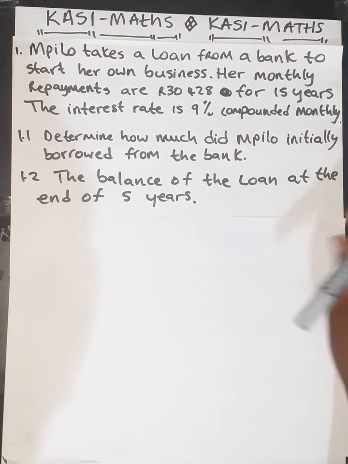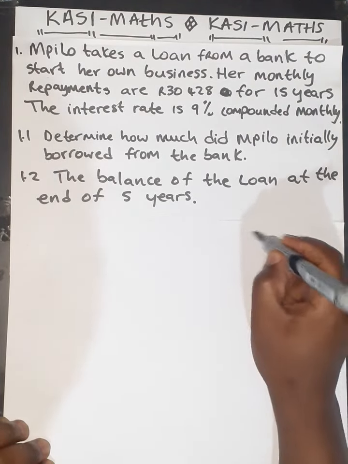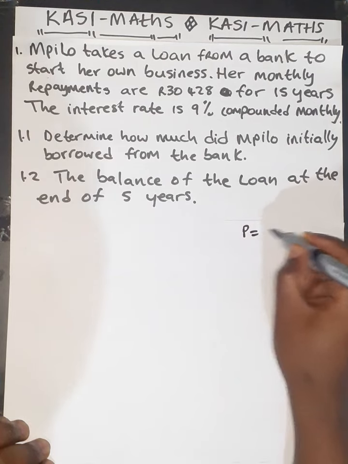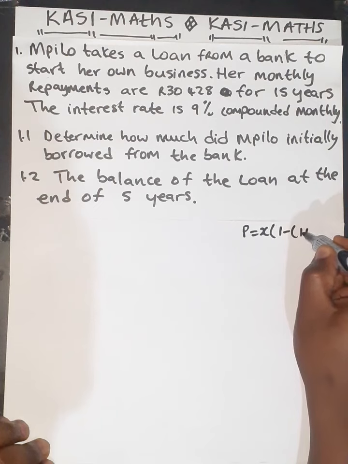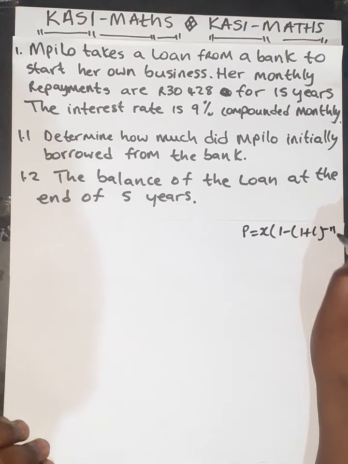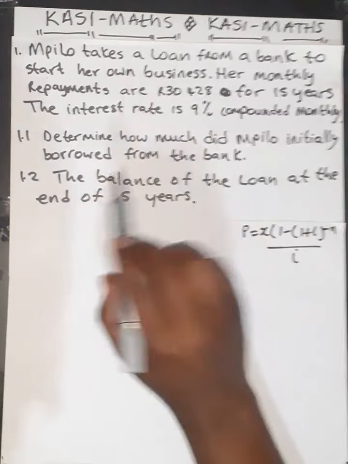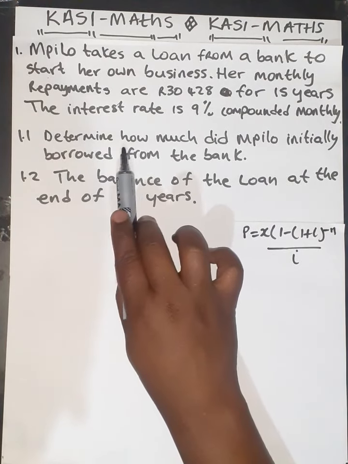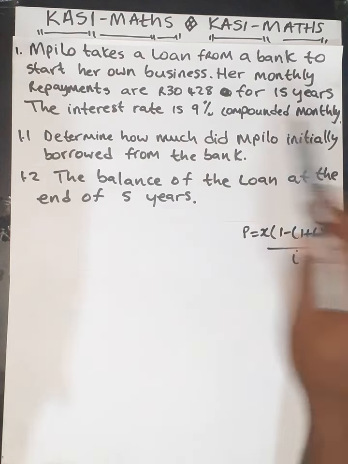For a loan, we're going to use the present value formula, which is P equals X times (1 minus (1 plus i) raised to negative n) divided by i. Question number 1: we should determine how much Mpilo initially borrowed from the bank.